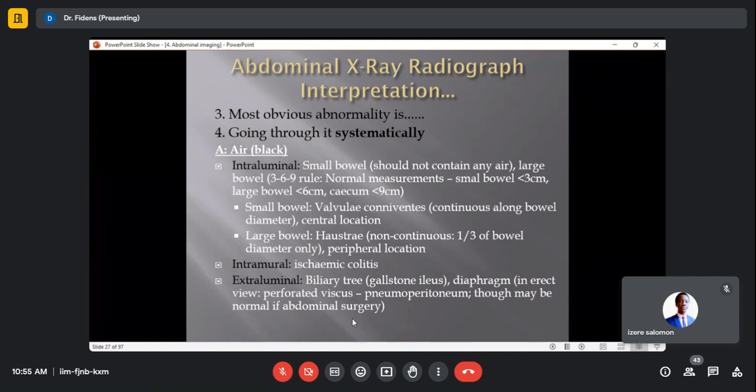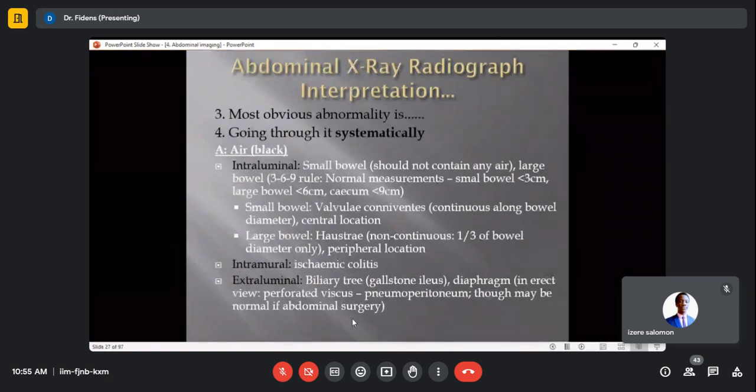Question. Yes. I do not understand the valvulae conniventes of the small bowel. Valvulae conniventes, as it is written in Latin.